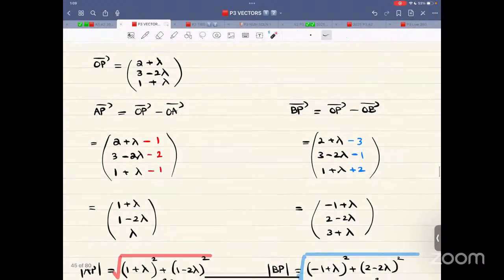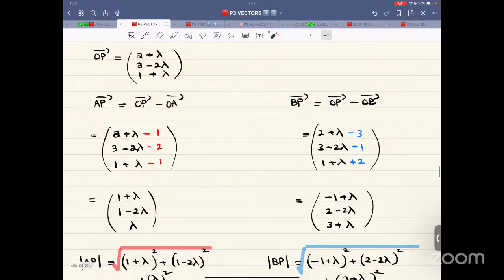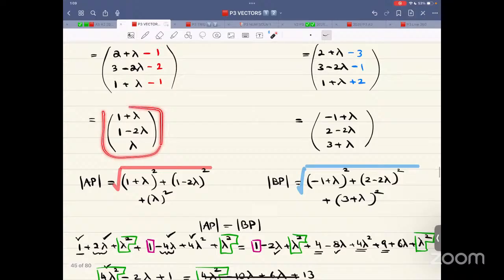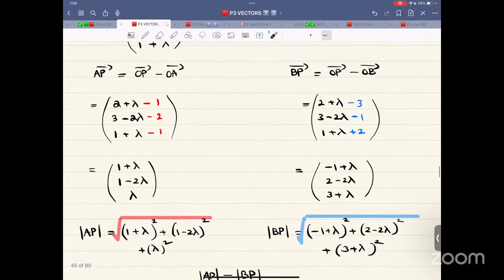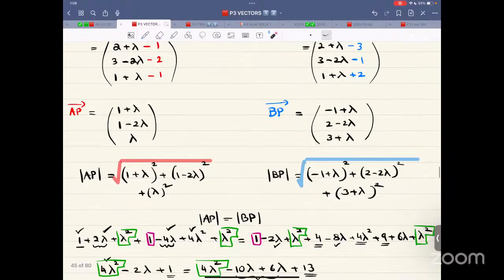So this is OP. OP is a point on that line. AP in terms of lambda. BP in terms of lambda. That is AP. That is BP. So let me write over here. This is AP. And this one is BP. Now they are asking, the magnitudes are the same.